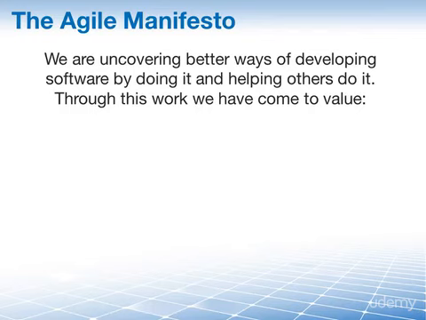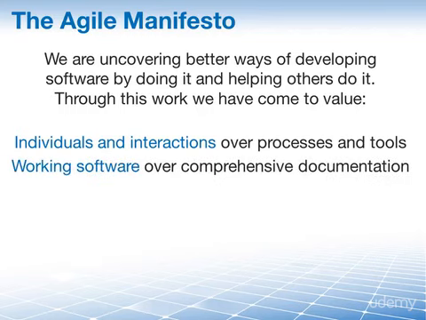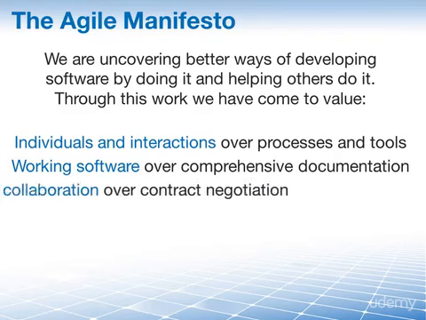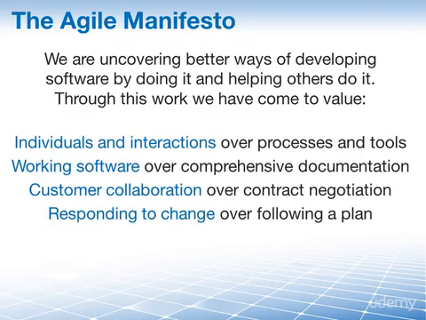Through this work, we have come to value individuals and interactions over processes and tools, working software over comprehensive documentation, customer collaboration over contract negotiation, and responding to change over following a plan."